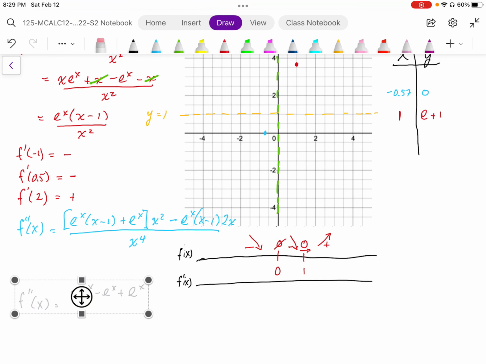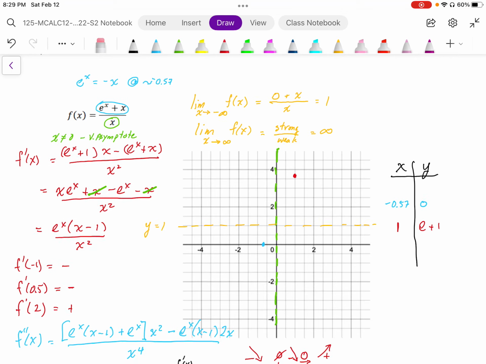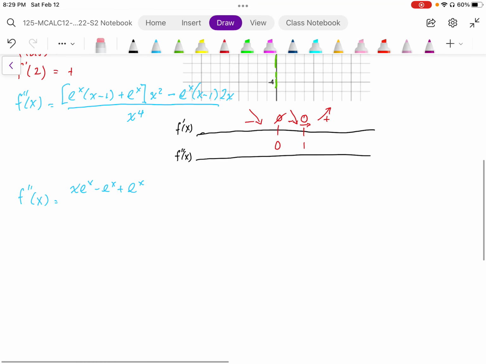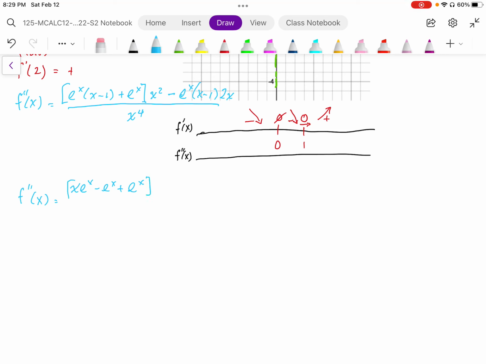Okay, and then this is all multiplied by, that's a square bracket, so that's multiplied by x squared, and we end up with minus 2x squared e to the x plus 2x e to the x, and that's all over x to the power 4.